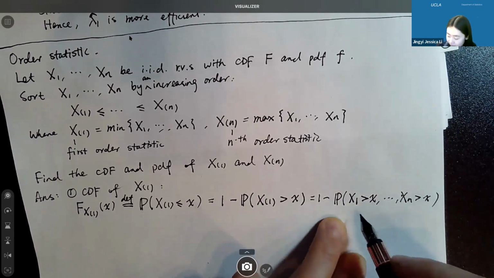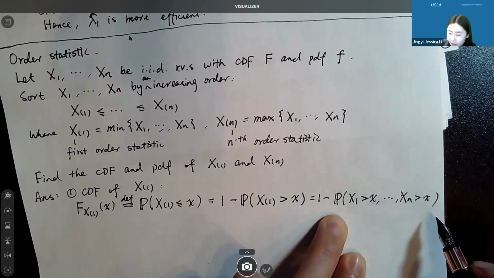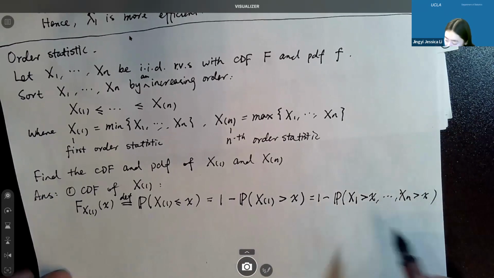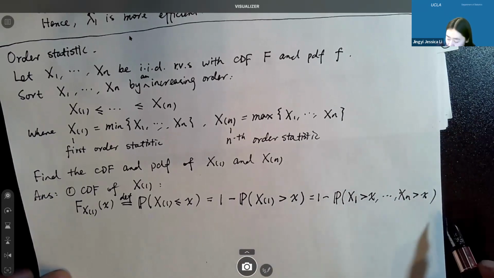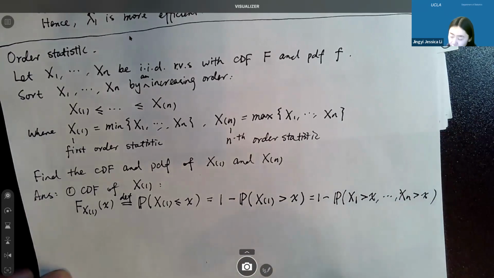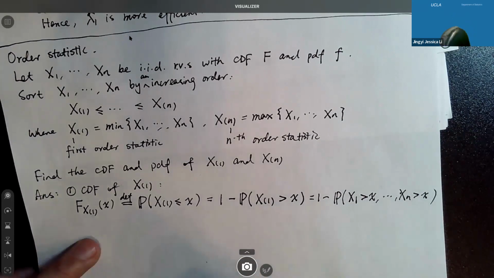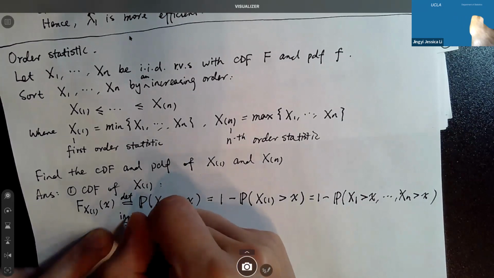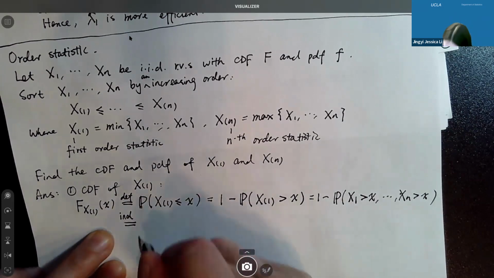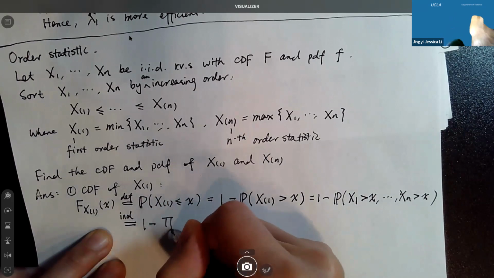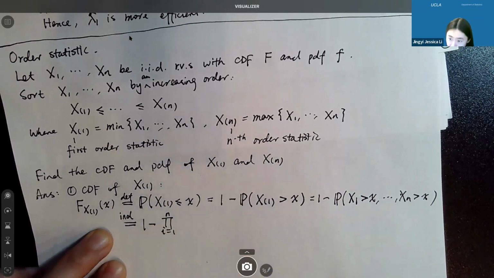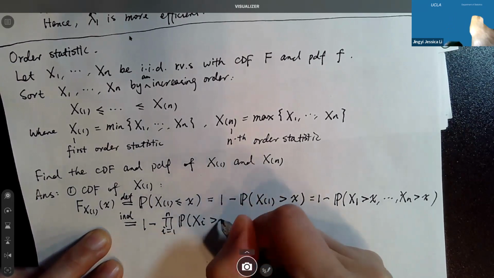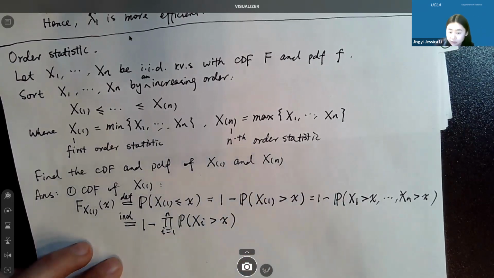Okay, and then this is a joint probability for n random variables, and they are IID, independent. So using independence, we can write a joint probability as a product of each random variable's probabilities. So by independence, we can write this as 1 minus the product, i goes from 1 to n, of the probability that each X_i is larger than x, right?